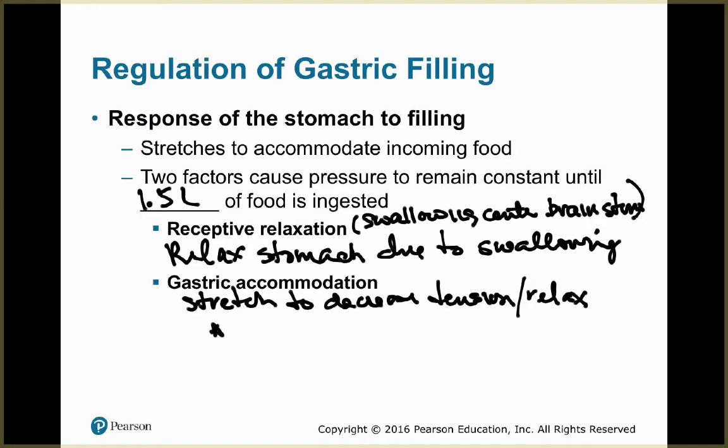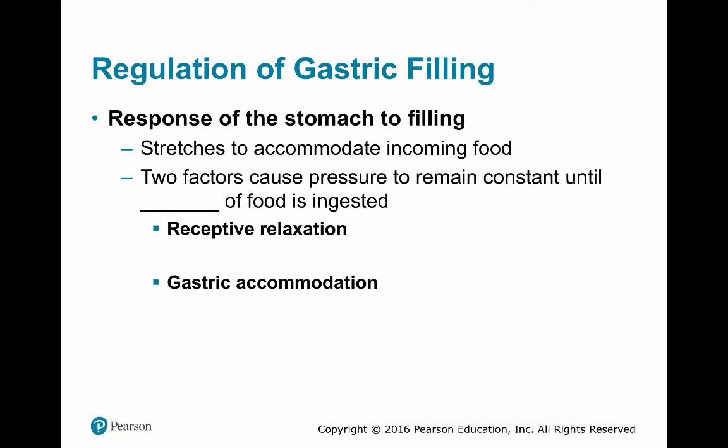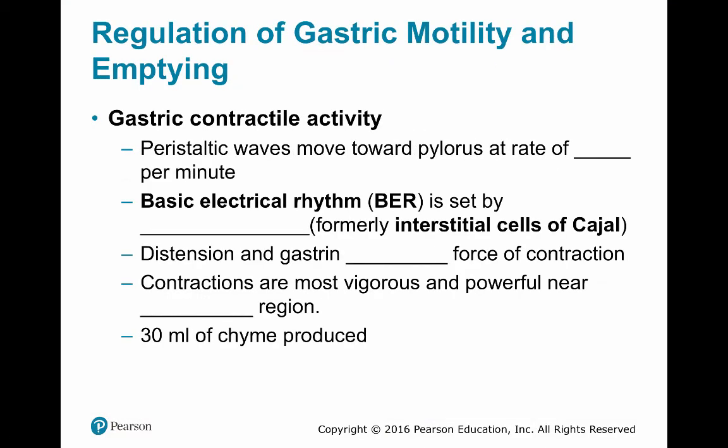So this is what's known as a stress relaxation response. This is what allows the hollow organs to stretch without increasing tension or contractions. So that's how you're able to get more food in while you feel full.